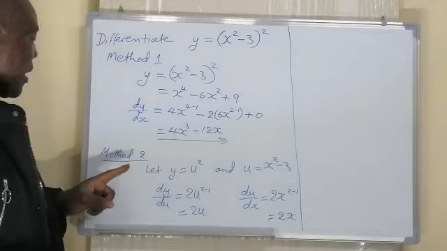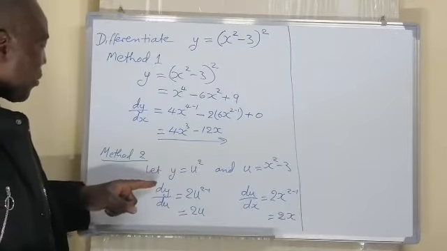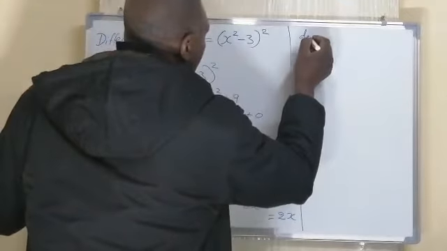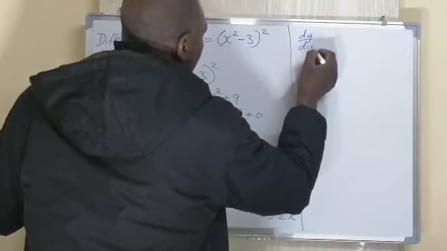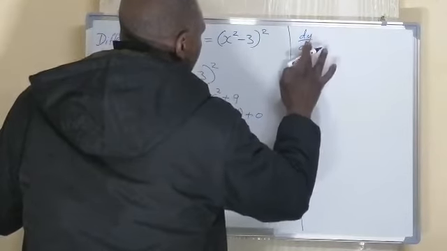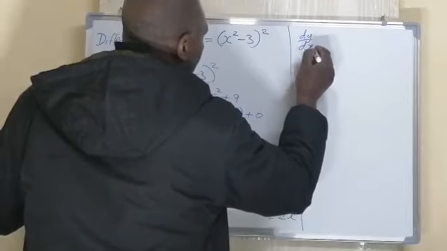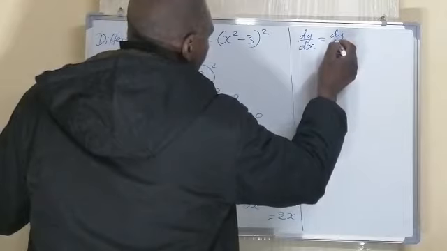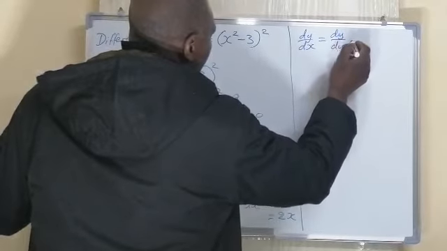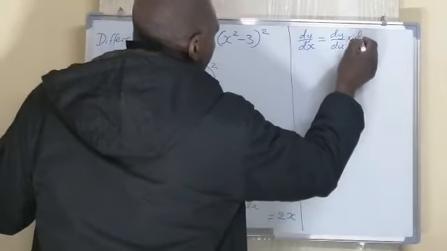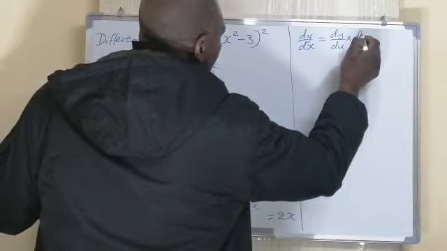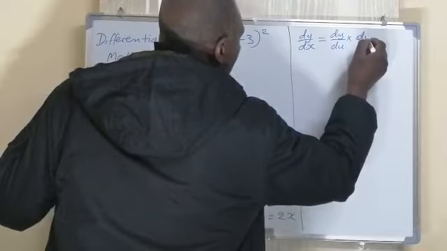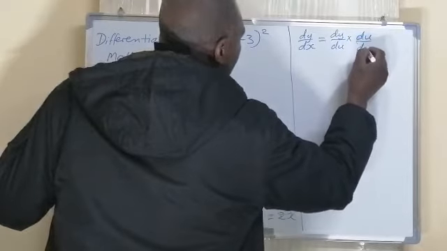Having done that, now we can go back, and you can see that dy over dx is equal to dy over du multiplied by du over dx.